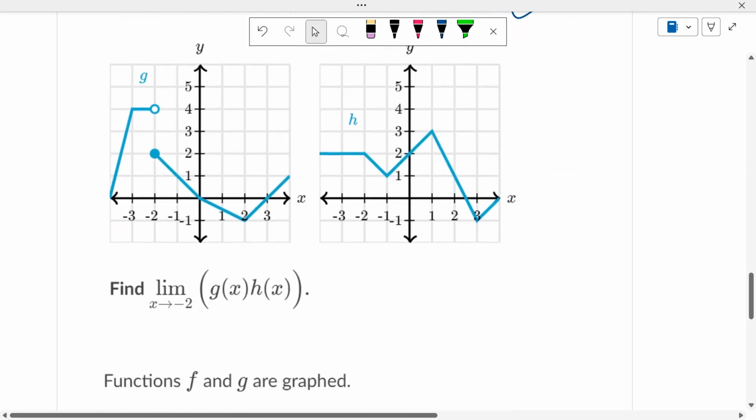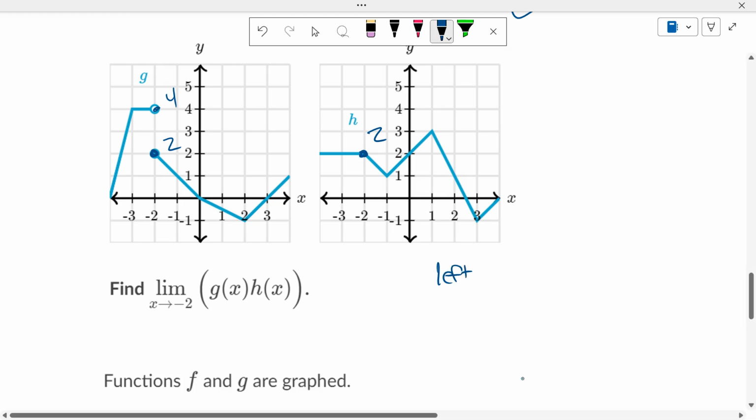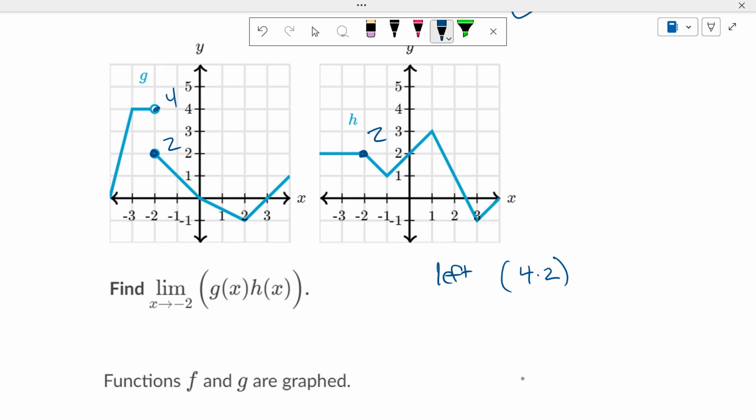So this one, at -2, we're at 2, we're at 2, and we're at 4. And we're multiplying. Okay? So from the left, what would it be? What times what, Lindsay King? 4 times 2.